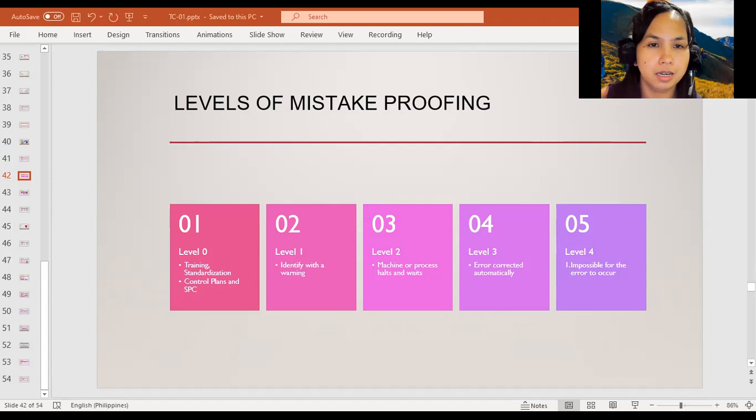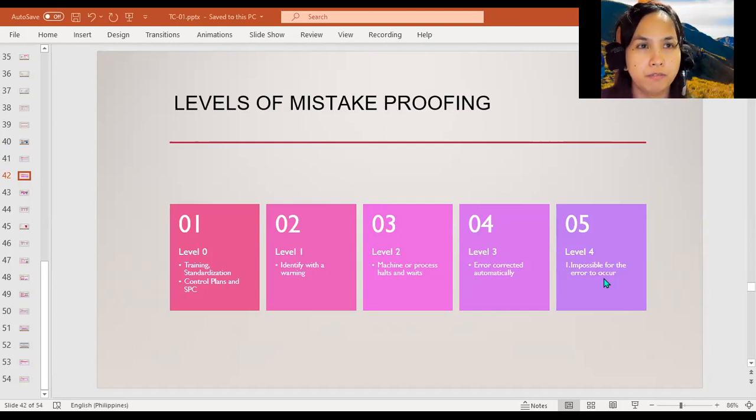And then lastly, we have level 4, and this one makes it impossible for the error to occur. Well, obviously, our goal should be to eventually get to level 4 error proofing, assuming it's feasible and realistic.